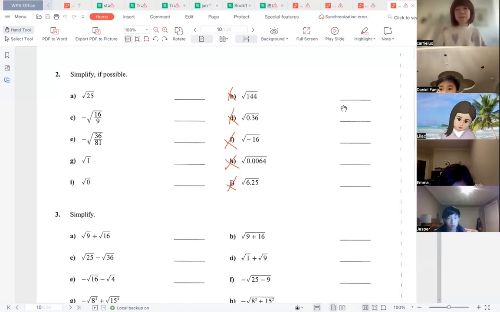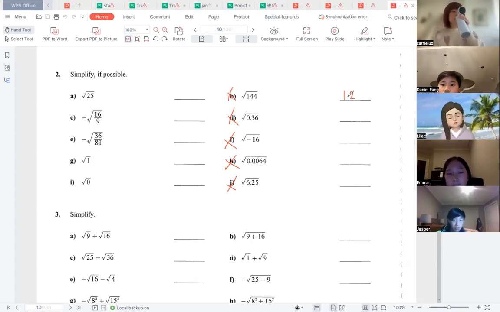So let's take a look at this one. Okay, 144. I think it's the easiest one. So this is my turn. 144我来做好了，因为最简单。So the square root equals 12. 呱呱。Jasper, 0.36.